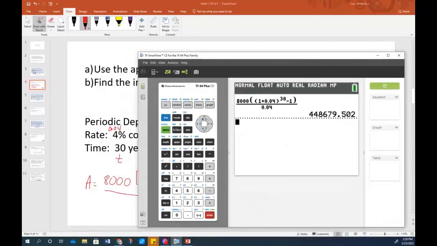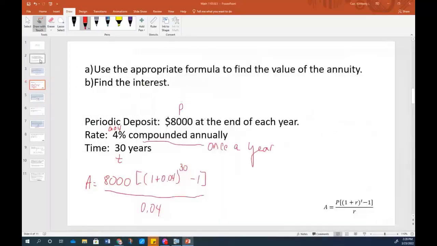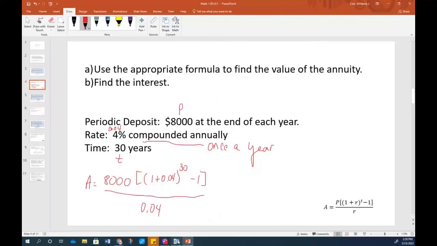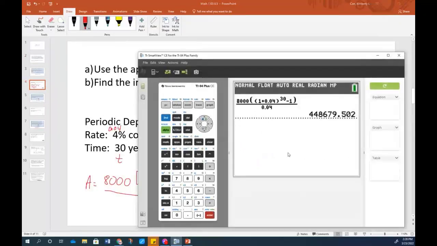When you are calculating the payments needed, which is a different thing, we're going to round up. Otherwise, you're going to round to what they tell you to. So here, this is going to give me $448,679.50.